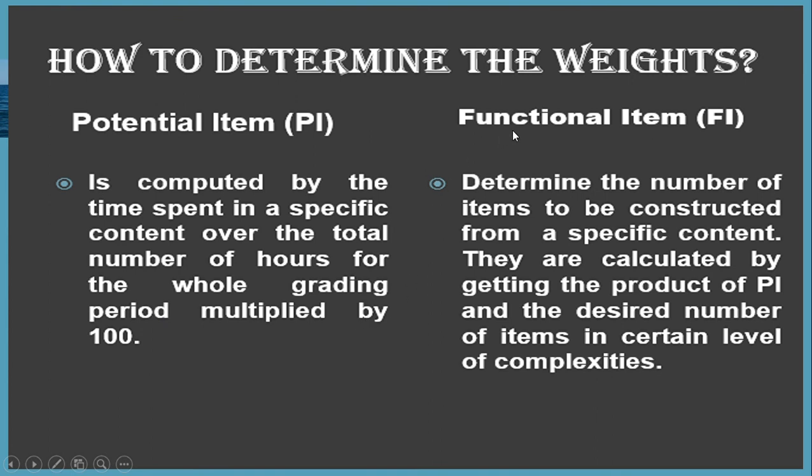And for the functional item, determine the number of items to be constructed from a specific content. They are calculated by getting the product of the PI, or the potential item, and the desired number of items in a certain level of complexity. So that would be all. Thank you so much for listening.